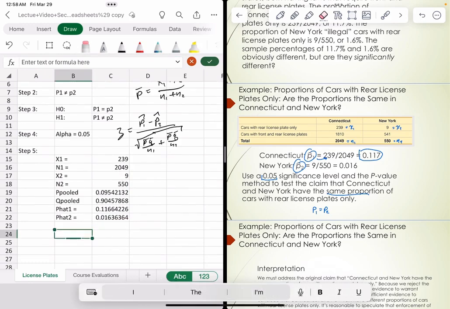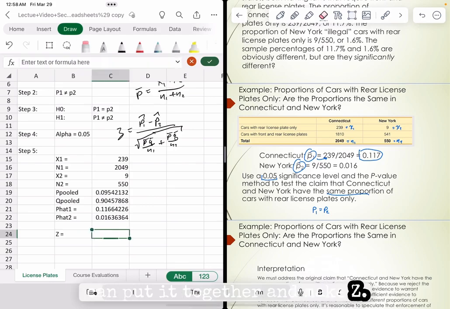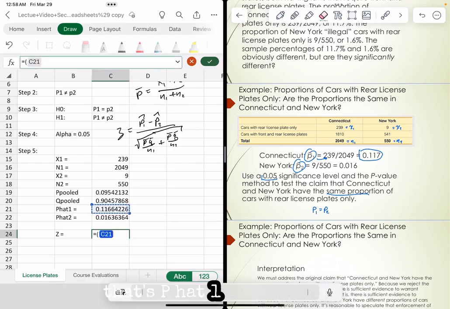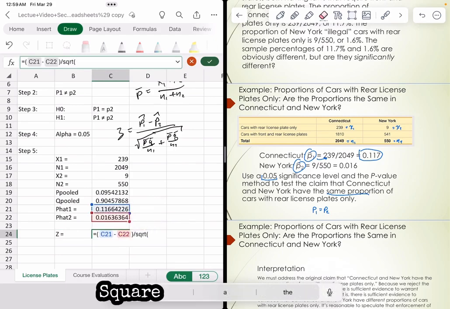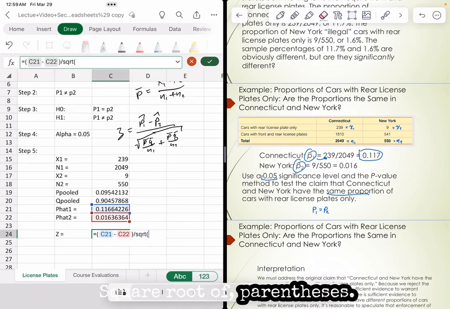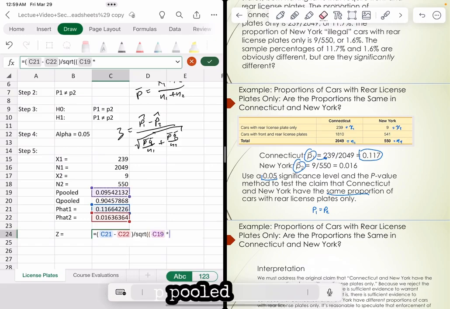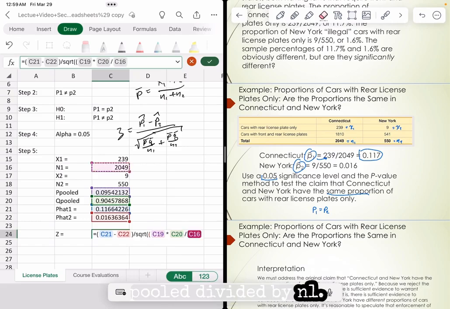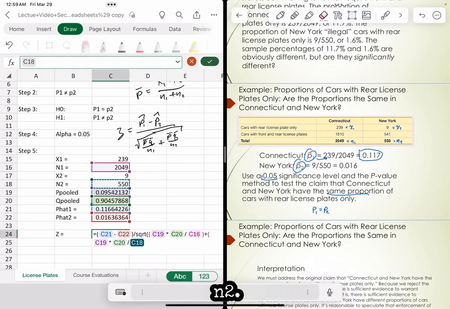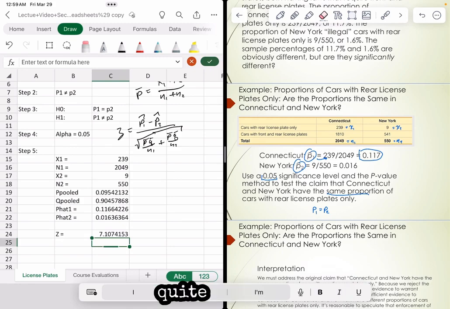Now that I've got all that, I can put it all together and make Z. That's P hat 1 minus P hat 2, over the square root of parentheses P pooled times Q pooled divided by N1, close parentheses, plus open parentheses P pooled times Q pooled divided by N2. Oh, that's X2, N2. There we go. Close parenthesis. Enter. 7. Quite a z-score.